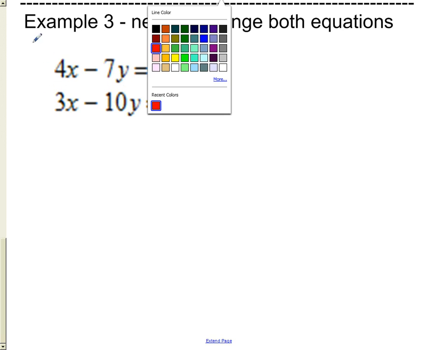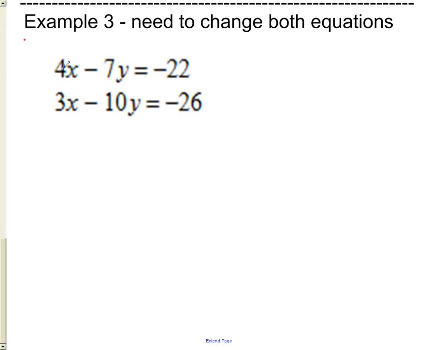I would recommend that you look at the two stacked on top of each other. If I turn both of these into 12 and negative 12, that would cancel out. If I turn both of these into positive 70 and negative 70, they would cancel out. And you go with the one that has the least amount of work. I could times this by 3, and I could times this equation by negative 4.